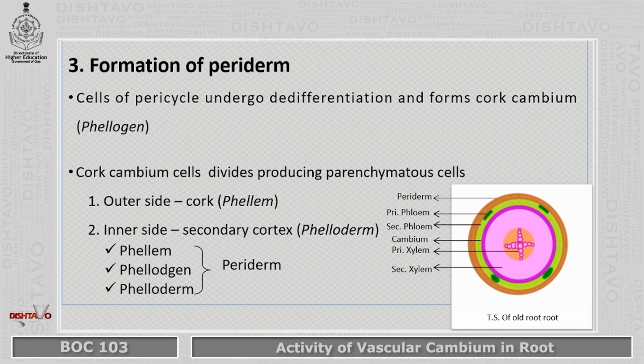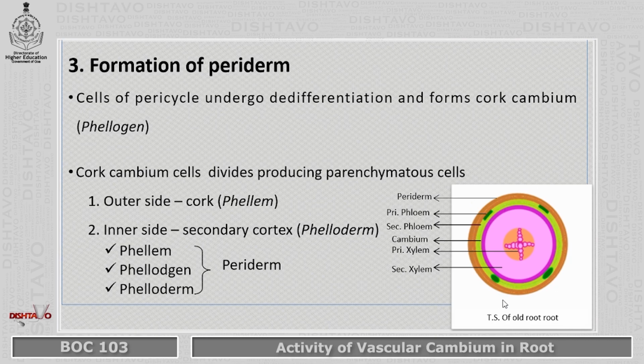This cork cambial cell divides, producing parenchymatous cells. The cells towards the outer side produce phellem, which is generally referred to as cork, and towards the inner side it produces phelloderm. It is also called as secondary cortex.